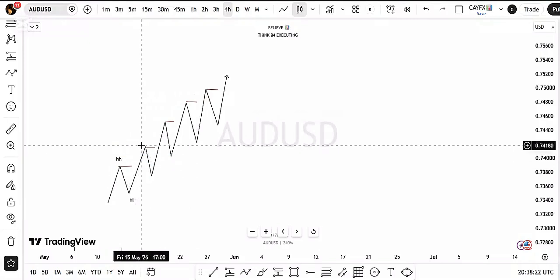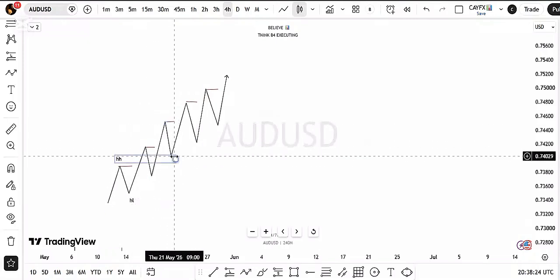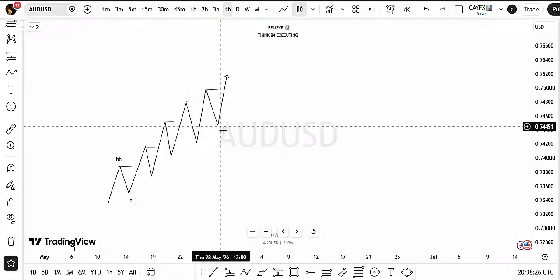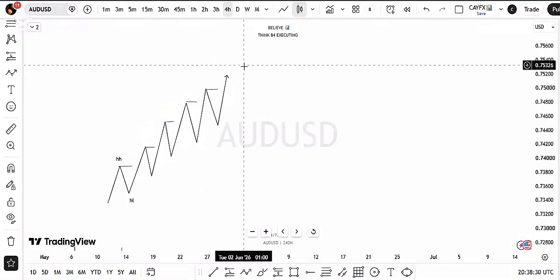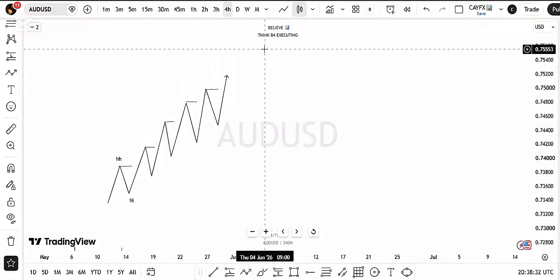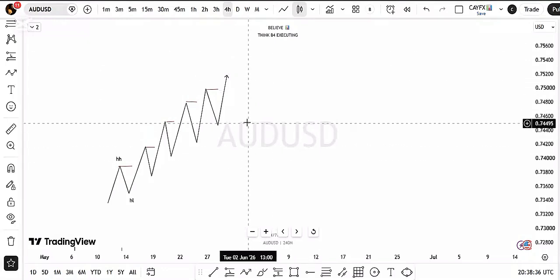Likewise here, higher high, higher low, higher high, higher low, higher high, higher low, higher high. This continues until the market decides to change direction to the downside.